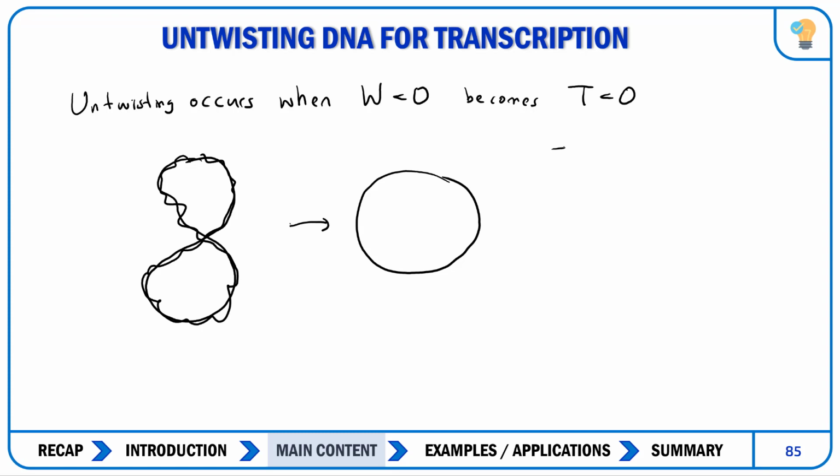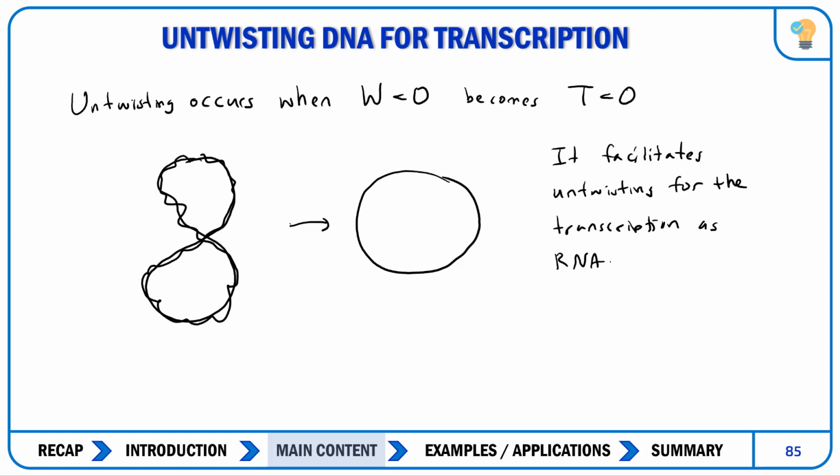So it facilitates the untwisting for the transcription as RNA polymerase attaches and unwinds DNA.